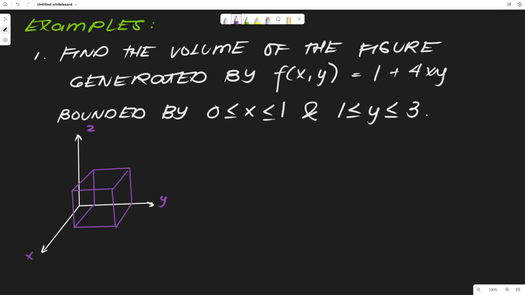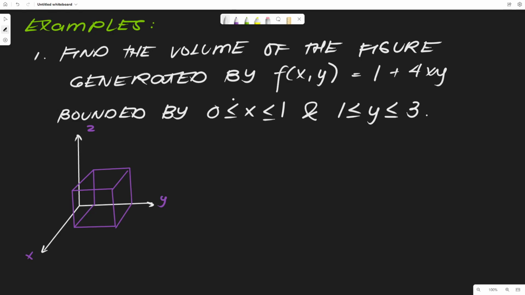Ayan, kunwari ayan yung volume na pinapahanap sa atin. So lagi 'yon, kapag multiple integral tapos finite yung boundaries natin, laging edged figure, usually cube or prism. Okay? So paano natin 'to i-translate into an integral equation?